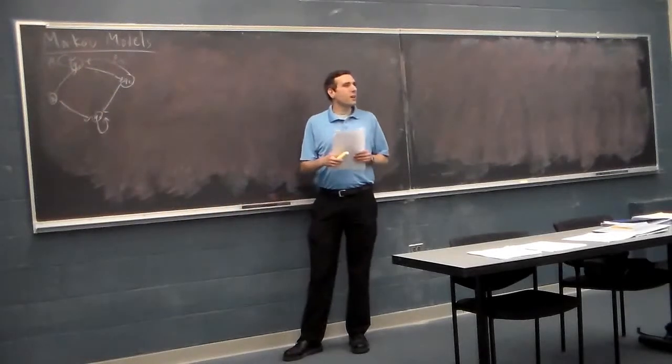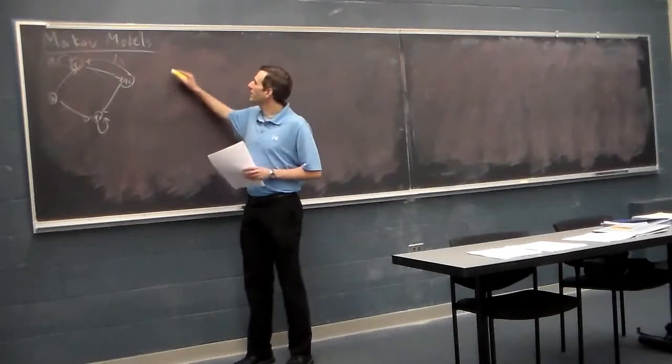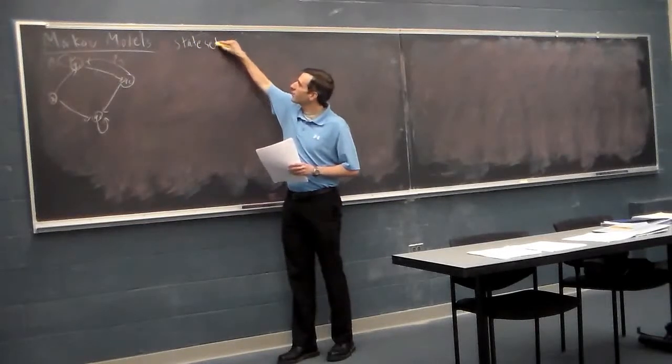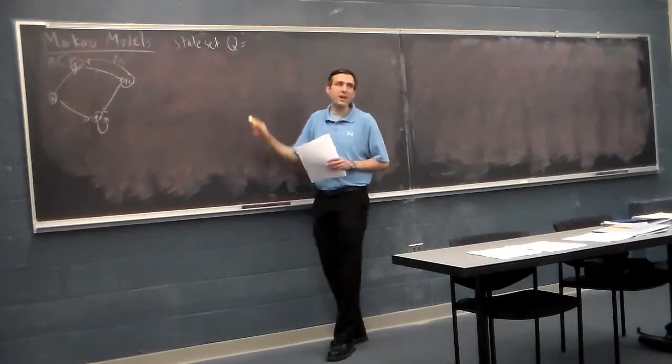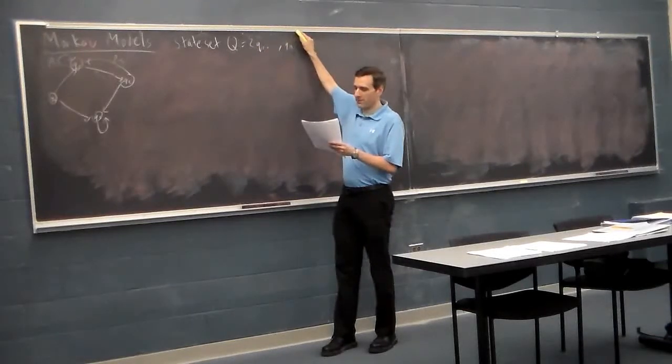And as I mentioned, we would formally represent a Markov model through three elements. We would have a state set, which would be the nodes of the graph, canonically called Q. So that would be some Q1 through Qn.